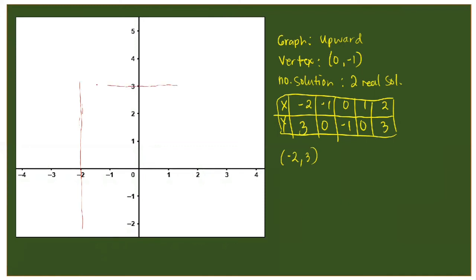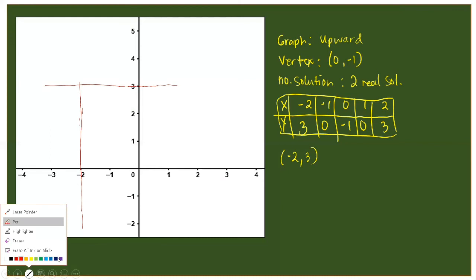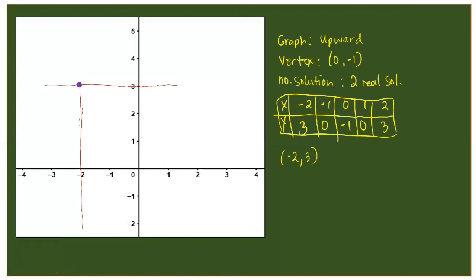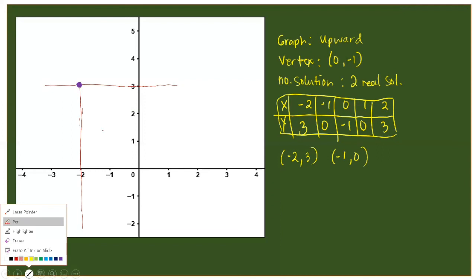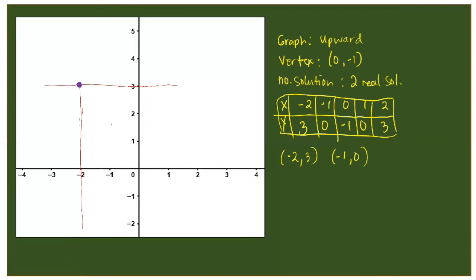So, nag-intersect po siya dito. So, this is the first ordered pair. Second ordered pair natin is negative 1 and 0. So, let's try to find negative 1 yung x natin. So, this is negative 1.